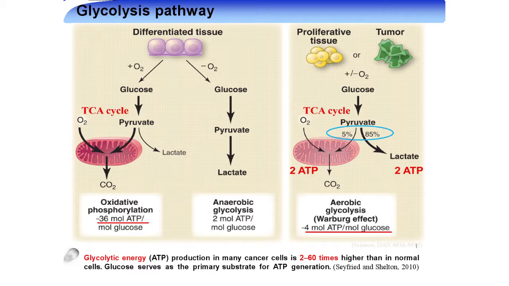So glycolysis and the TCA cycle are responsible for the metabolism of glucose to generate a series of metabolites.